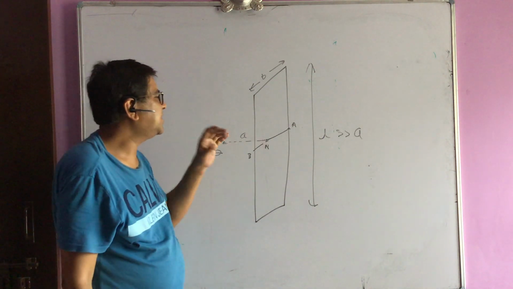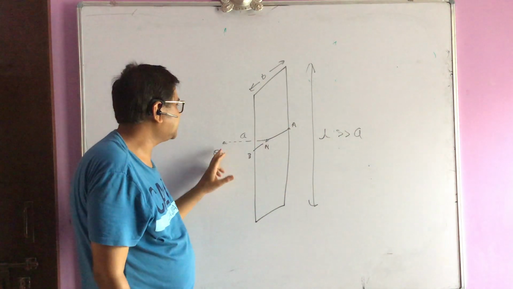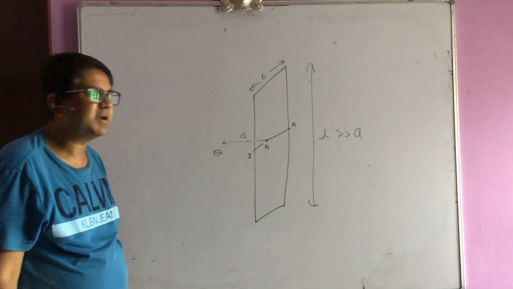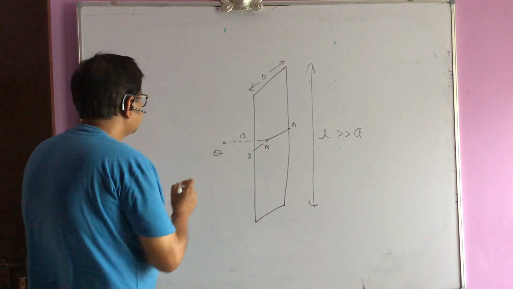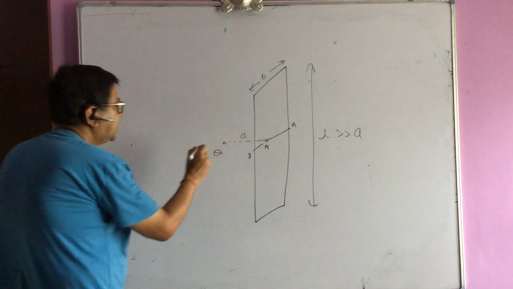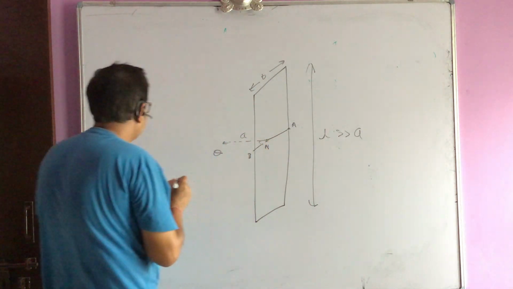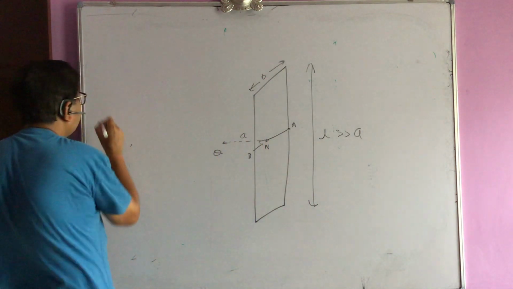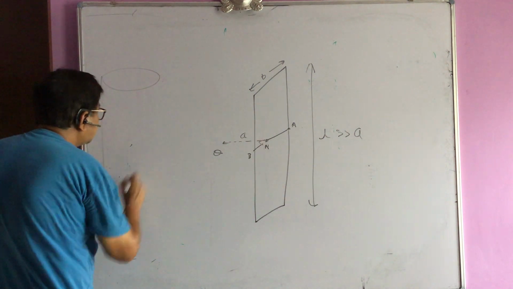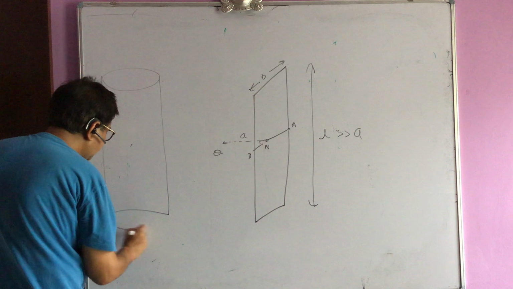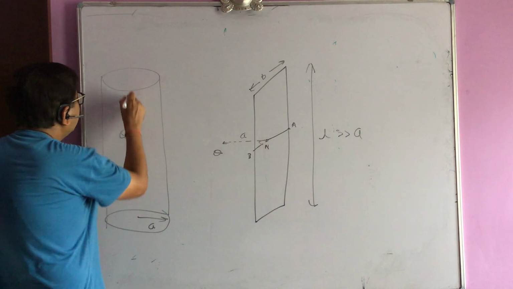Now here I am interested in calculating the flux through this infinite sheet due to this point charge. So what I am going to do, this perpendicular distance is A. I am taking a cylinder of radius A around this point charge, for which the point charge is lying on the axis. So this cylinder has got radius A, and the point charge is lying on the axis.